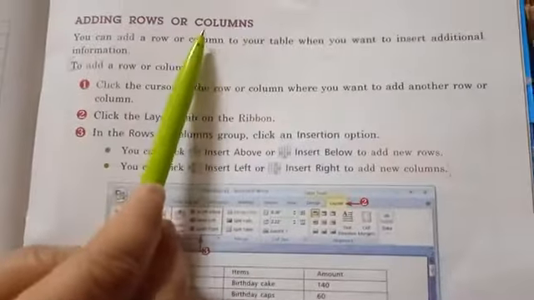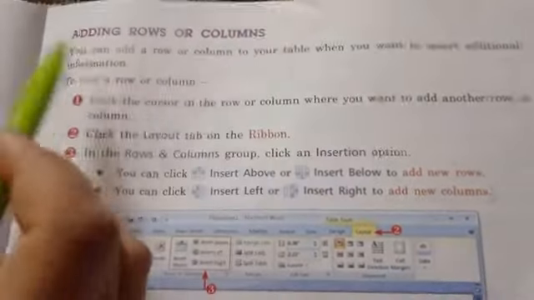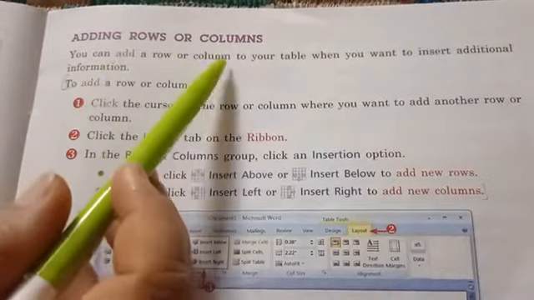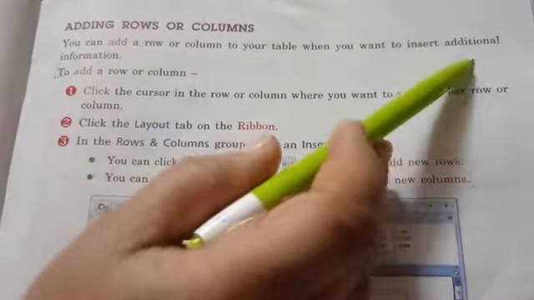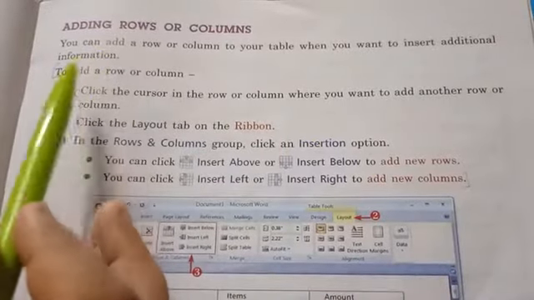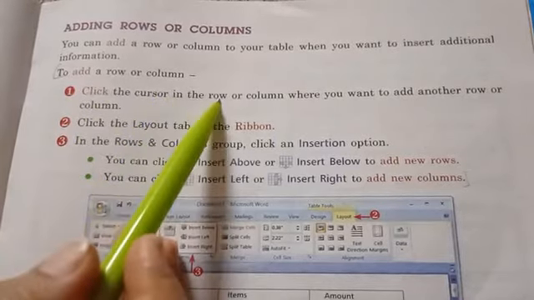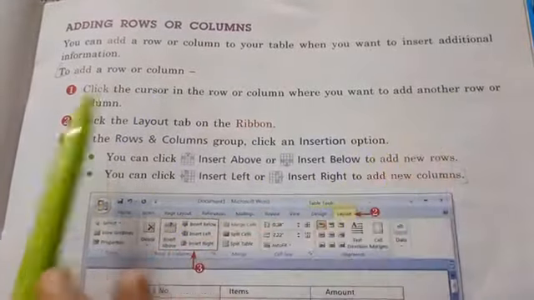Next, editing rows or columns. You can add a row or column to your table when you want to insert additional information. To add a row or column, first step, click the cursor in the row or column where you want to add another row or column.